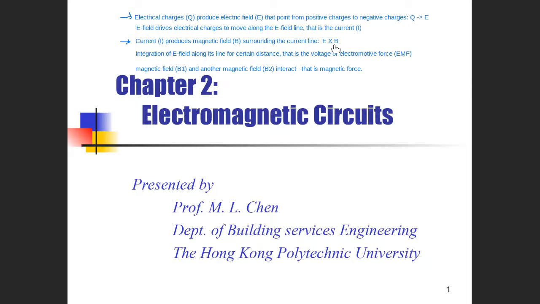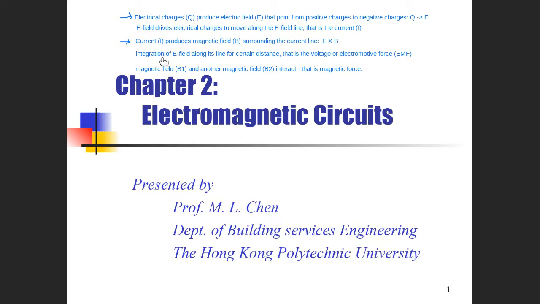The cross here means that these two always cross each other. So that is the basic issue you should remember. Once somebody asks you about electric field and magnetic field, current and charge, you can teach them this point.